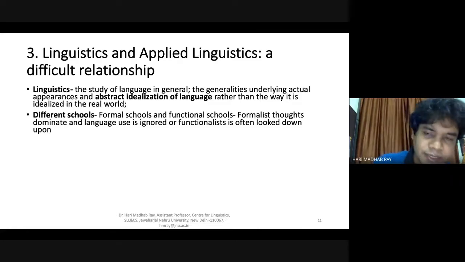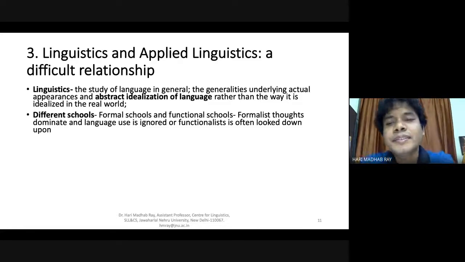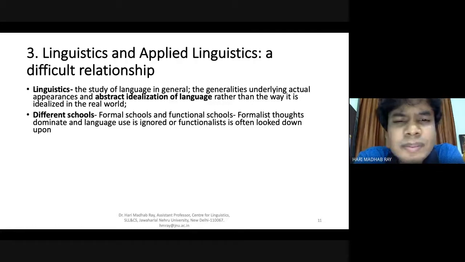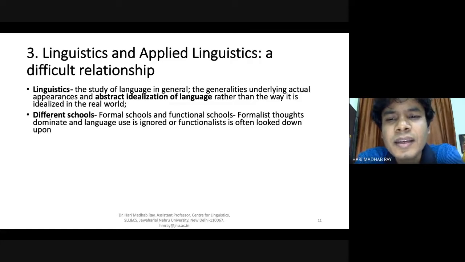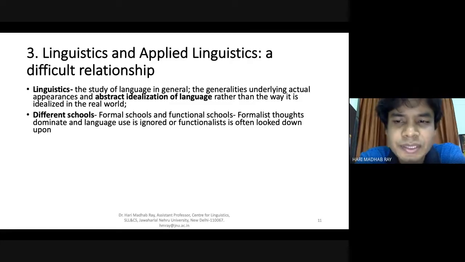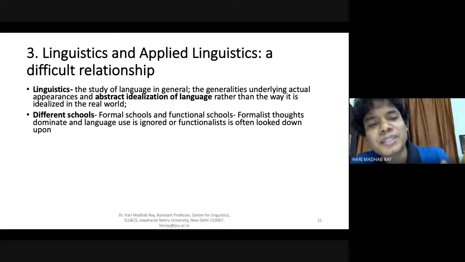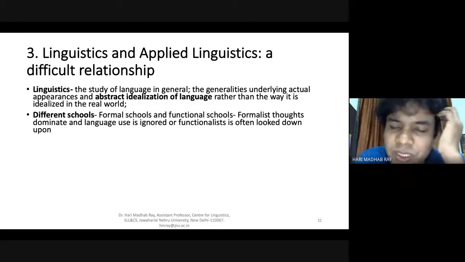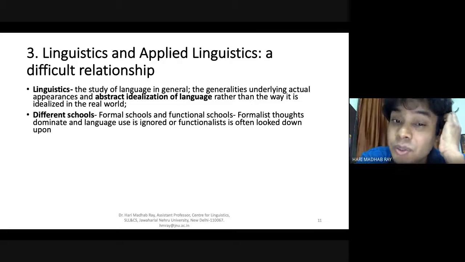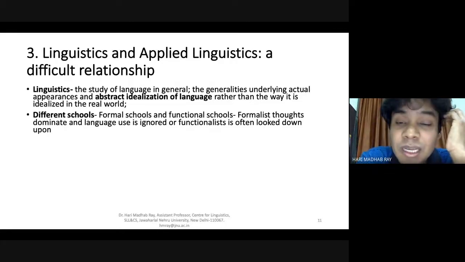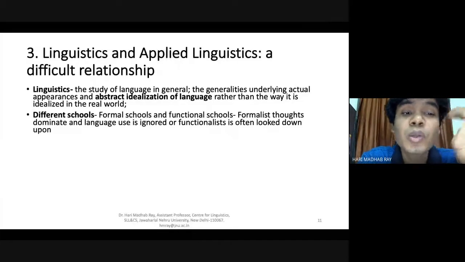These formalists at times think of themselves as the ones who know linguistics, and their formalist thoughts dominate, language use is ignored, and functionalism for that matter is often looked down upon.